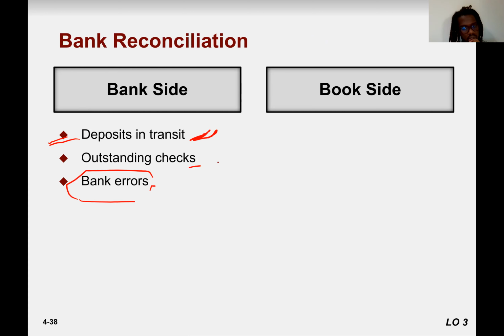Outstanding checks means we write down checks for payments, like payment of salaries or payment to suppliers. But suppliers or employees didn't present the checks, so our bank balance is not decreased, right? Or they deposit the check and it takes 3 days to clear. So for 3 days our bank balance is the same. According to our books it should be decreased, but it's not decreased. There can be an error.